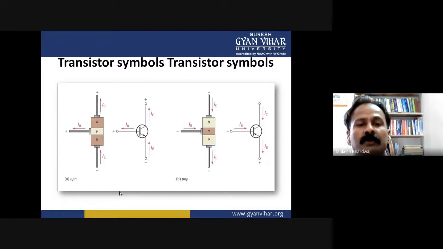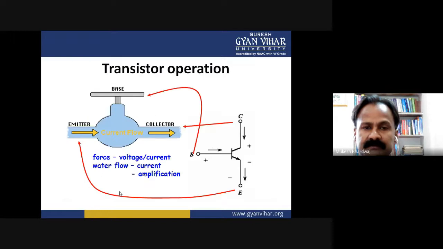So the transistor works in four different regions. We will see that in the next slides. To remember NPN or PNP, just memorize that NPN has the arrowhead moving from base to emitter, and in PNP the arrowhead moves from emitter to base, the reverse situation. So keep in mind one symbol and the reverse is the other.